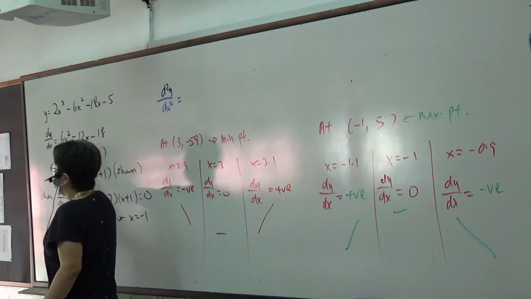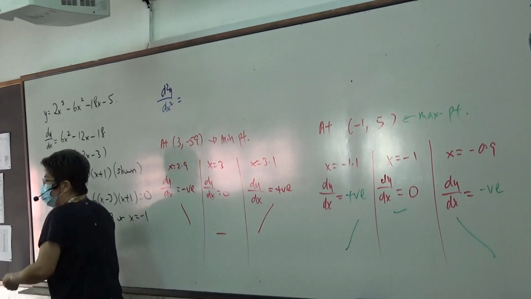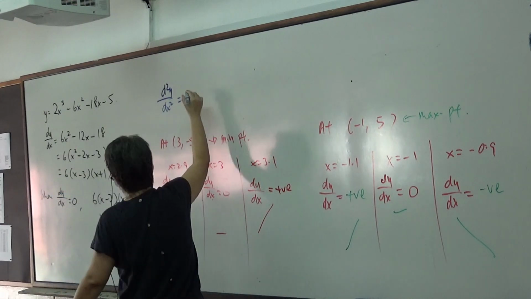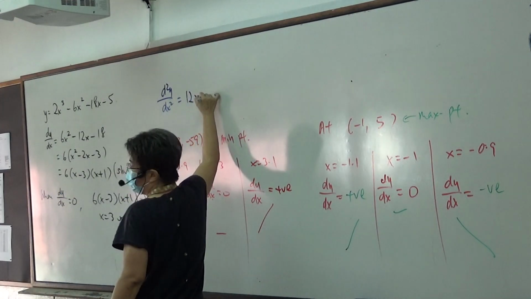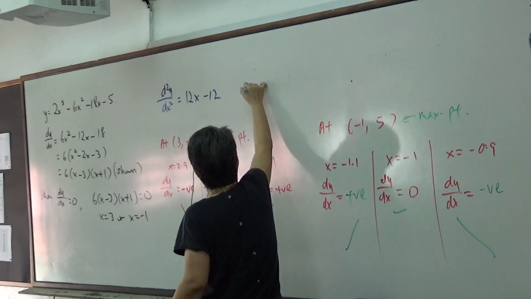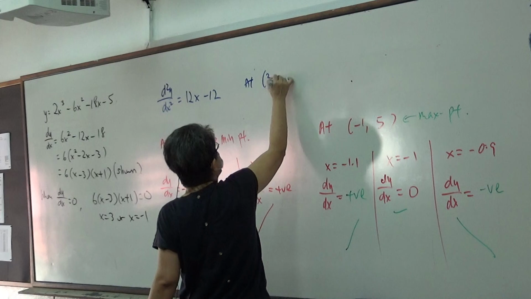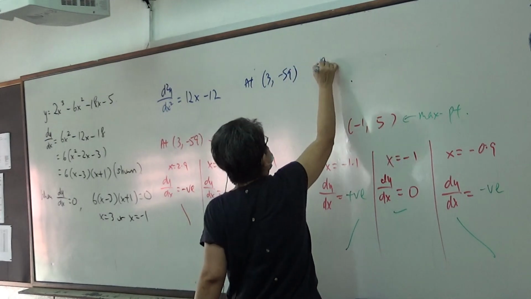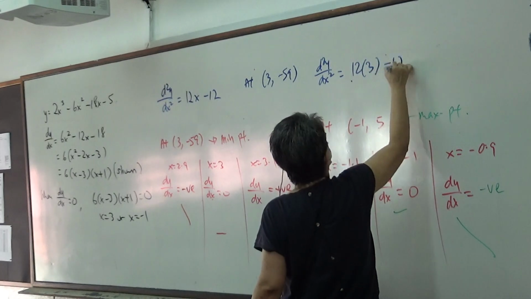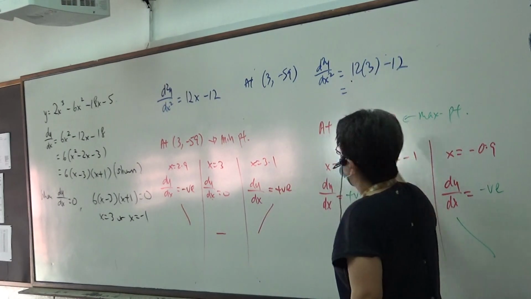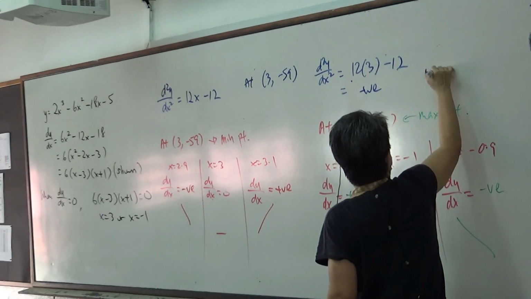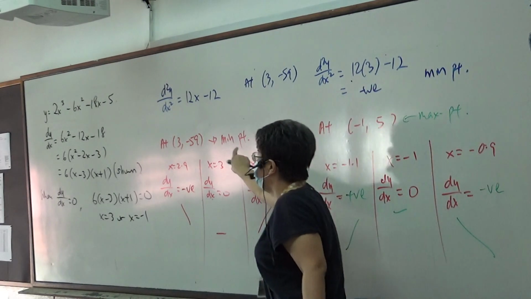You don't go and do product rule, no need, just do from here, faster. How to do? 12x minus 12, right? At 3, 12 into 3 minus 12, right? Can you see this is positive? Positive means minimum point, can you see?